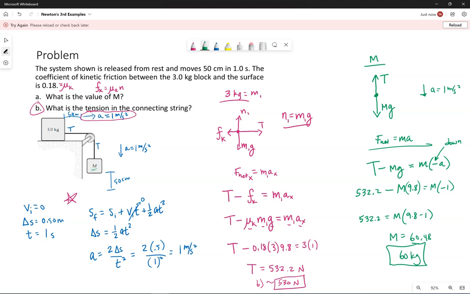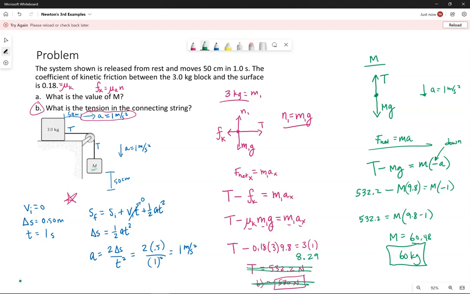That seems rather large. Let me double check my calculations. Okay, coming back here, I think my issue is right here. So 0.18 times 3 times 9.8 plus 3, so I apologize.